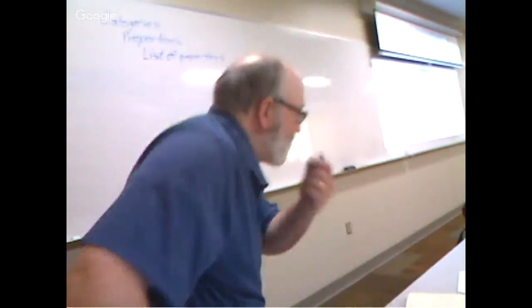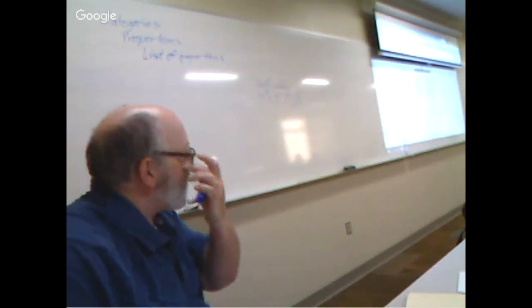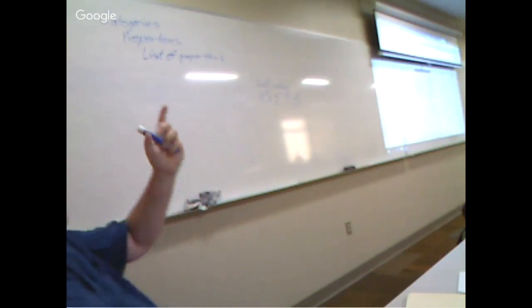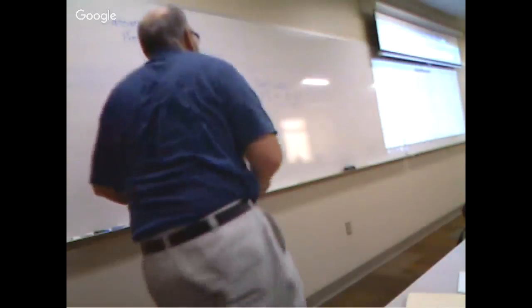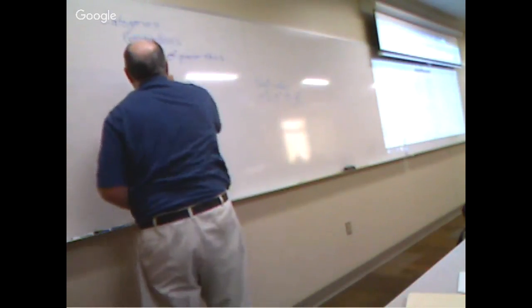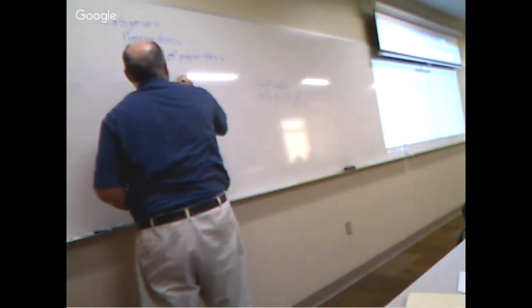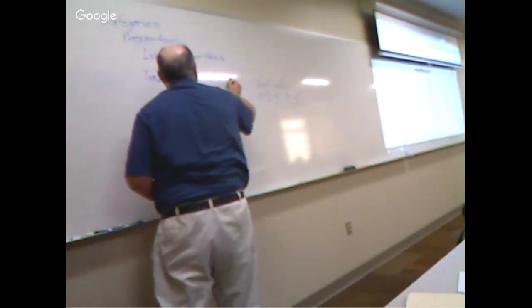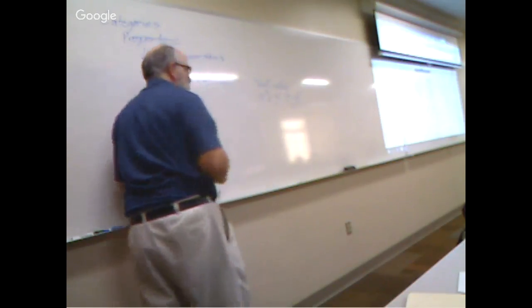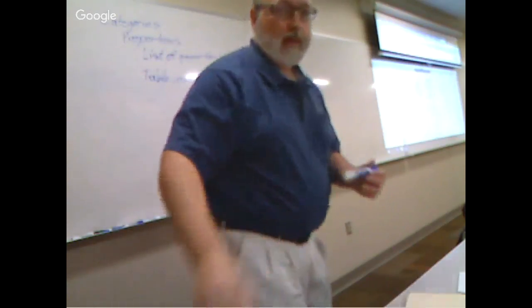Okay. So now we're going to talk about a very different thing. Instead of talking about a list of proportions, we're going to be talking about a table, which is going to have rows and columns. So let me see if I can get this set up to make it work.